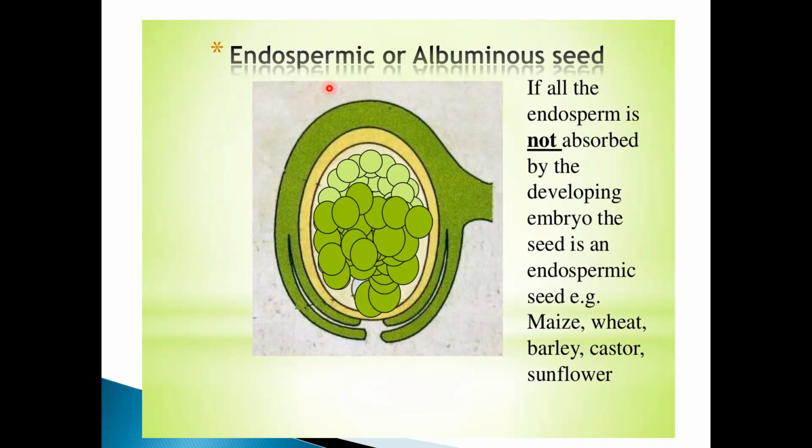The endosperm is not totally absorbed by the developing embryo. The embryo doesn't take up the entire endosperm, and the endosperm remains in the seed, and such seeds are called endospermic seeds. Examples are maize, castor, wheat, and sunflower.